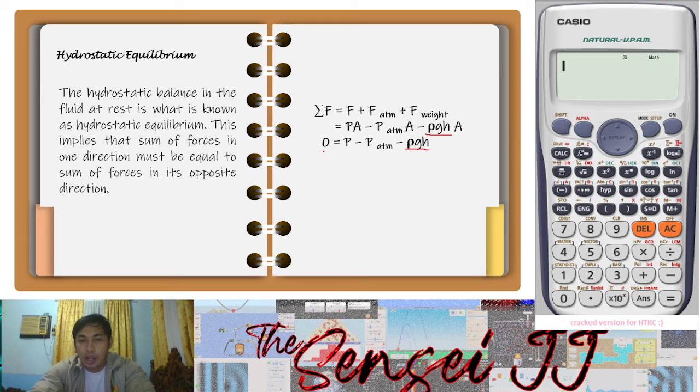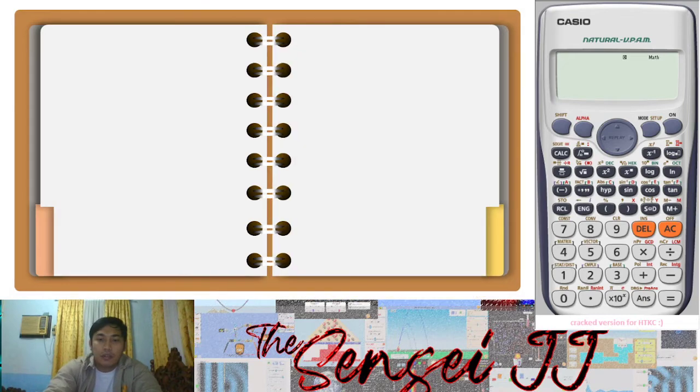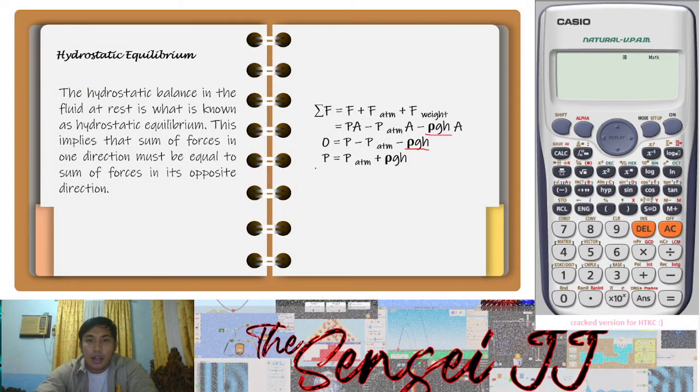Zero, or equilibrium, is equivalent to P, pressure, minus atmospheric pressure, minus rho gh. So we have here a formula of P is equivalent to P atmospheric plus rho gh. This is our formula for hydrostatic equilibrium.